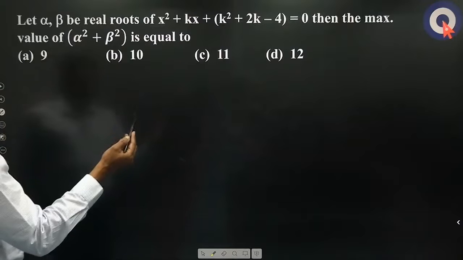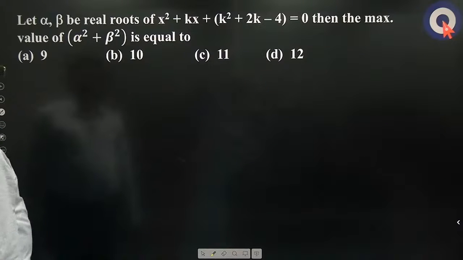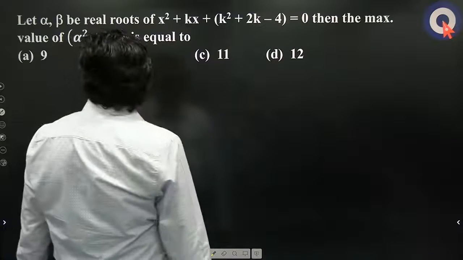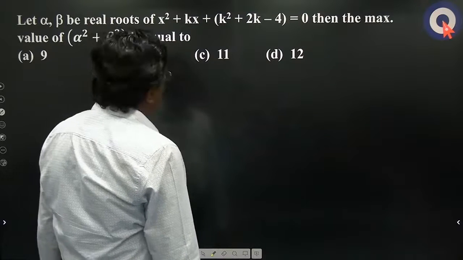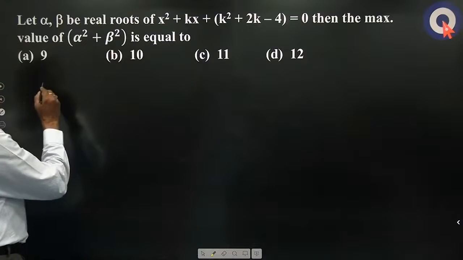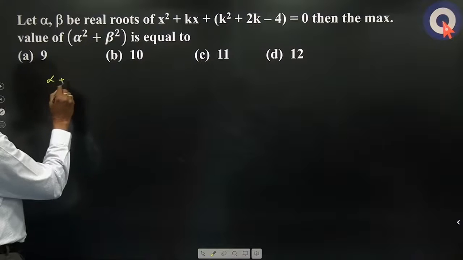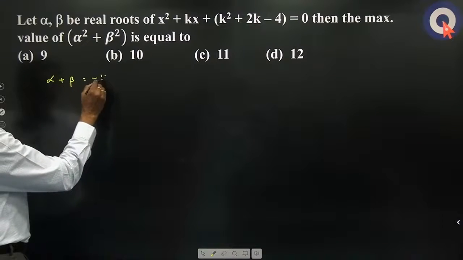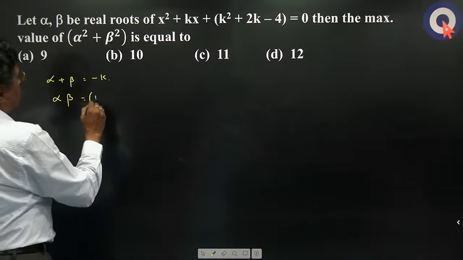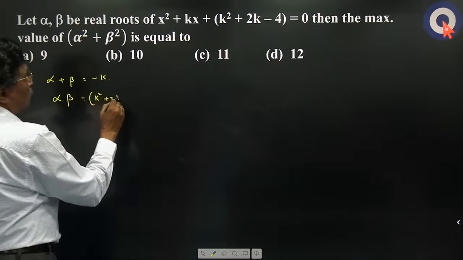Yeah, it's a very simple problem. Let alpha comma beta be real roots of x square plus kx plus k square plus 2k minus 4 is equal to 0. Now the maximum value of alpha square plus beta square is dash. So you have alpha plus beta is minus b by a, and alpha beta is k square plus 2k minus 4.